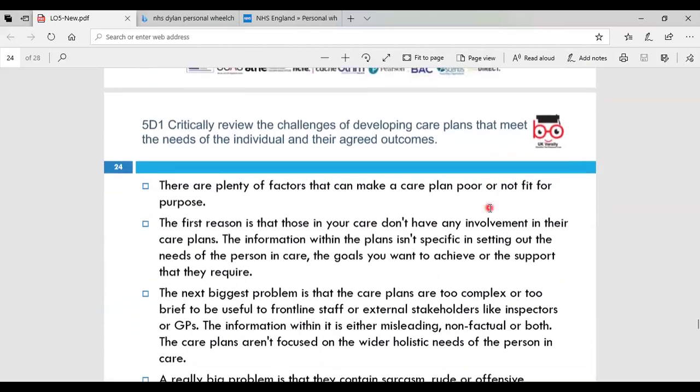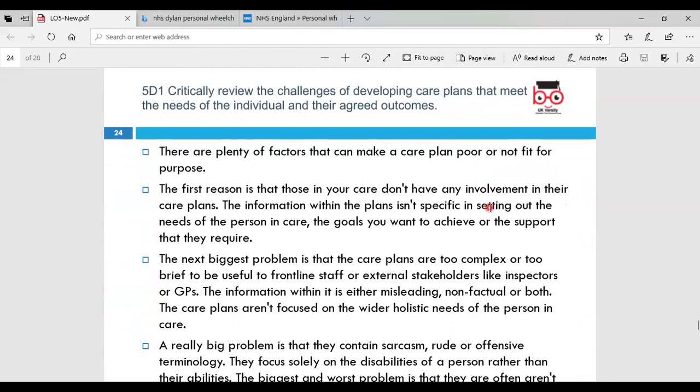So, critically reviewing the challenges of developing care plans that meet the needs of the individuals and their agreed outcomes. There are plenty of factors in care planning that could be poor or not fit the purpose. The first reason is that those in your care plan don't have any involvement, so there's no clear communication and no inclusive information sharing.